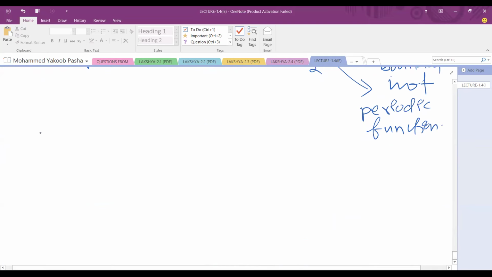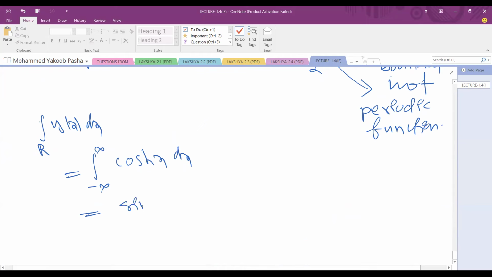So I am taking the integral over R of y of x dx. Integral over R means the set of real numbers, from minus infinity to plus infinity. What is y of x here? Cos hx dx. What is the integration of cos hx?